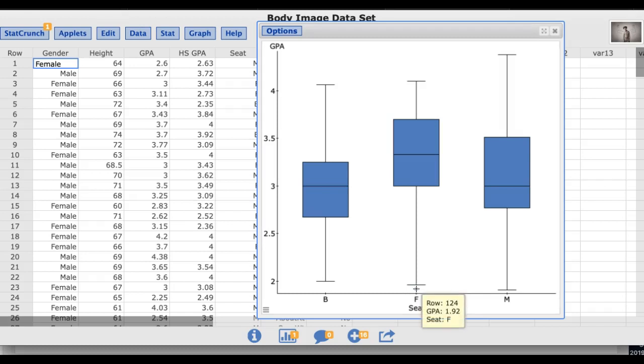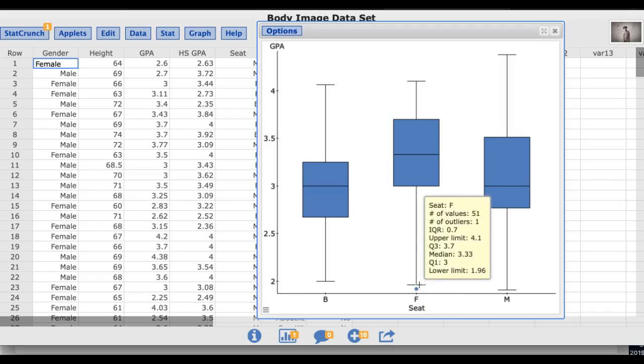It's way too low considering the GPAs of students that sat in the front row. It doesn't fit in with the data, so let's just think of it as an outlier for now.